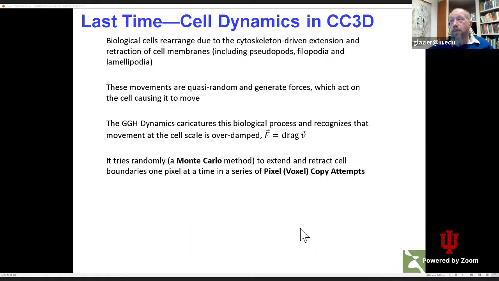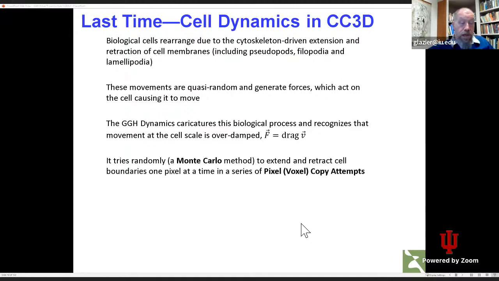Okay. We talked about this dynamics. The key point about the dynamics is that in the micro world of cells, unless we're talking about things like blood flow, which do have an inertia, at least in larger blood vessels, we're overdamped. If we don't push on things, they don't move. And so the basic result is that the velocity of something and the force are linearly related to each other, so there's no Newtonian acceleration.